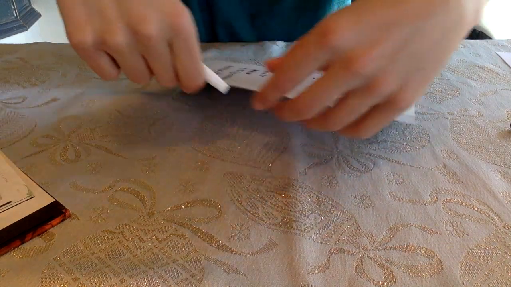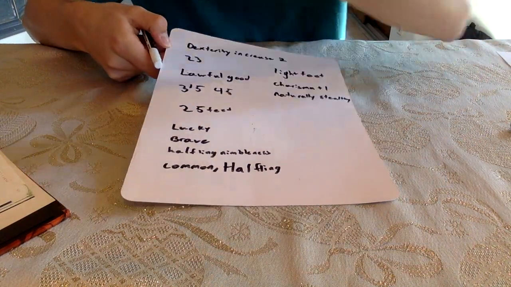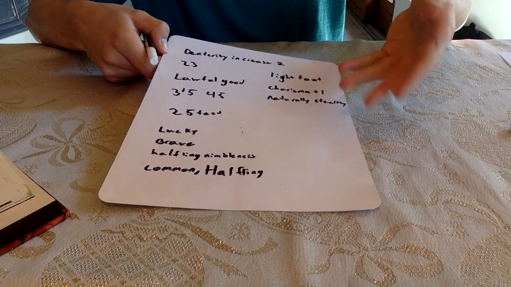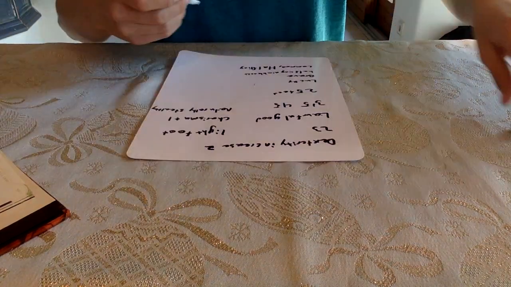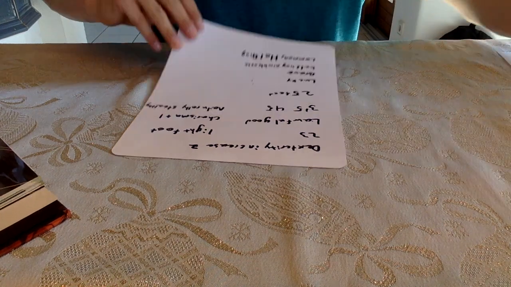And right here, I'm recording all the racial traits for him for later reference because it's important, because when I have my character sheets right here, I'm going to need all this info to record it. So next, I'm going to go to the class feature.